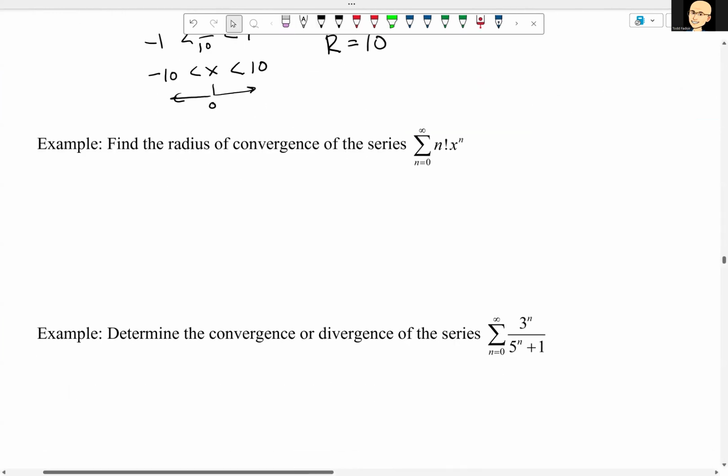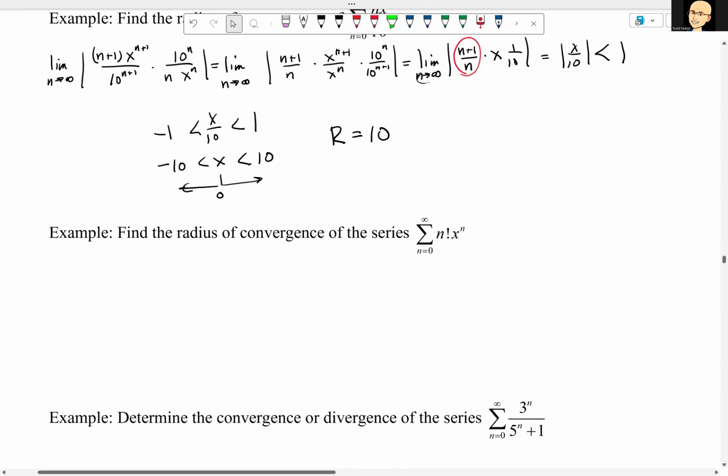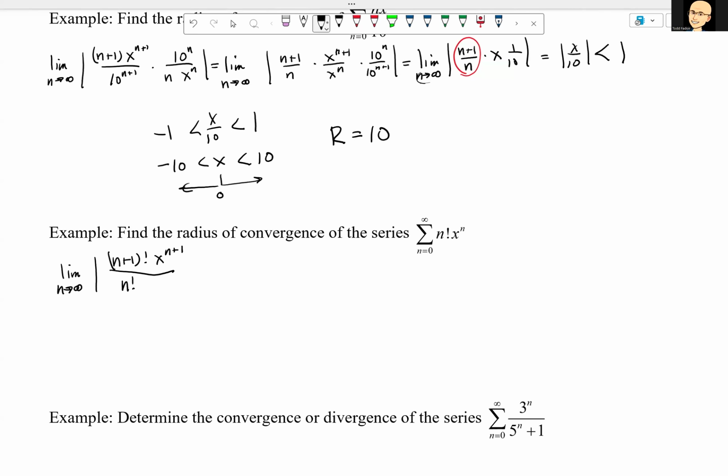Let's take a look at this next one. Again, we'll use the ratio test. Talk about the limit as n goes to infinity of the absolute value of n plus 1 factorial x to the n plus 1, and in this one, I can write n factorial and x to the nth.